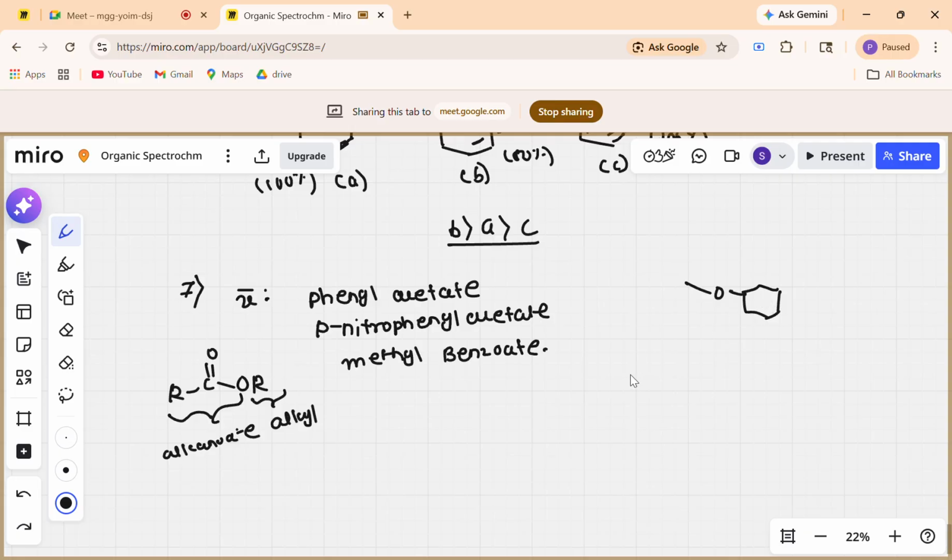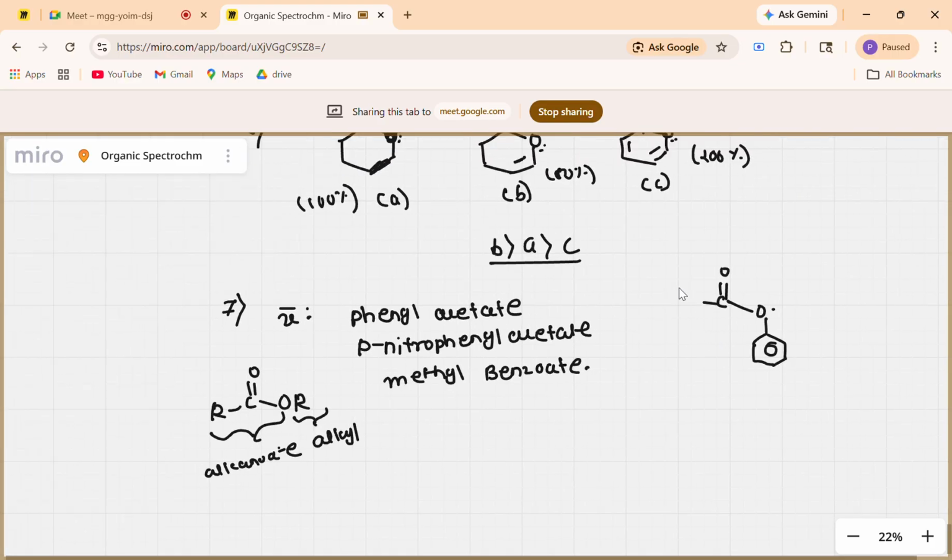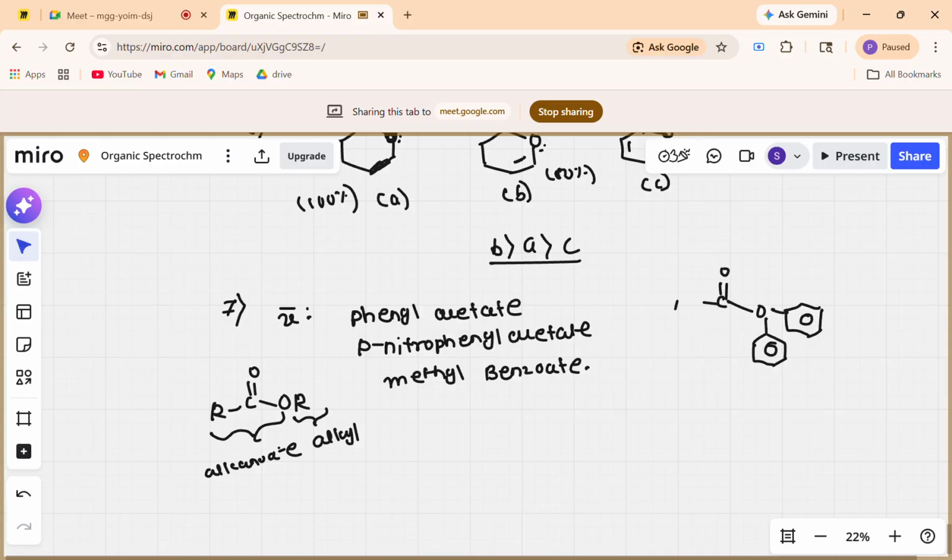Whenever we are talking about an ester, we basically call it alkyl alkanoate. So the nomenclature will be alkyl alkanoate. Similarly, phenyl acetate means that next to oxygen the phenyl group is present, right? My structure is bad, but yeah.